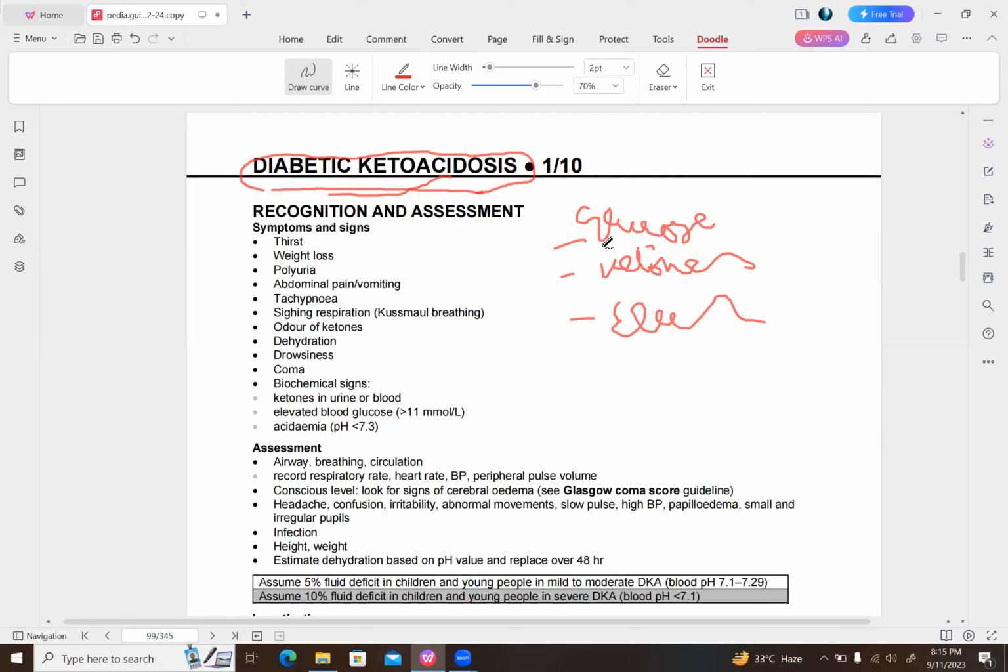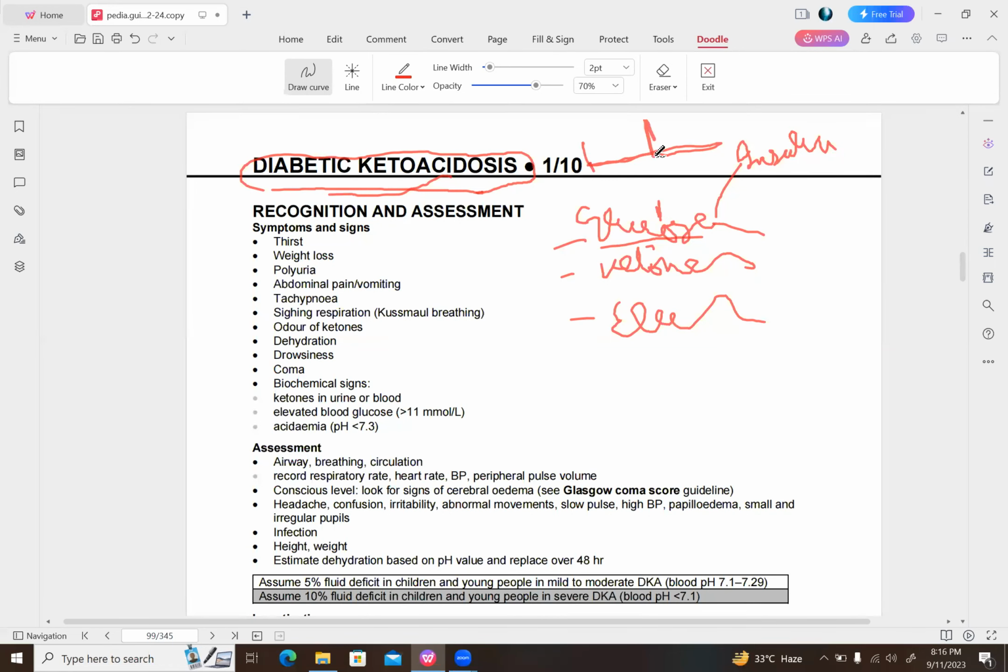For controlling this glucose, we can have two targets. One is that glucose is not entering into the cell. So to make it enter into the cell, you have to give the insulin. How much you give and how you give, there are guidelines depending upon the level of this glucose.